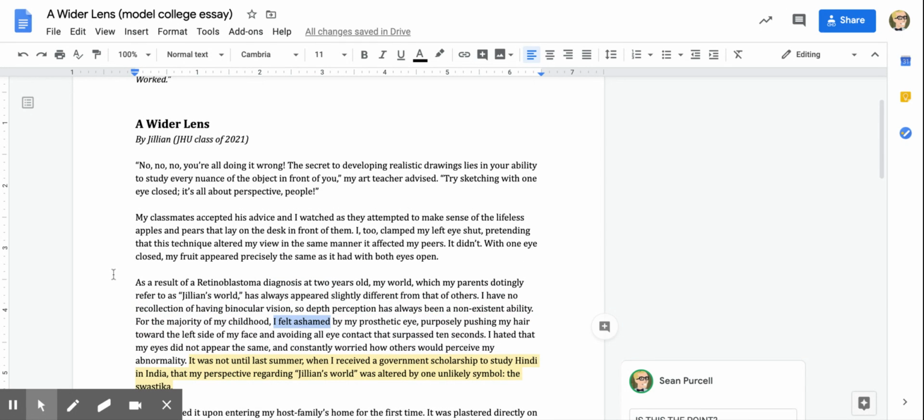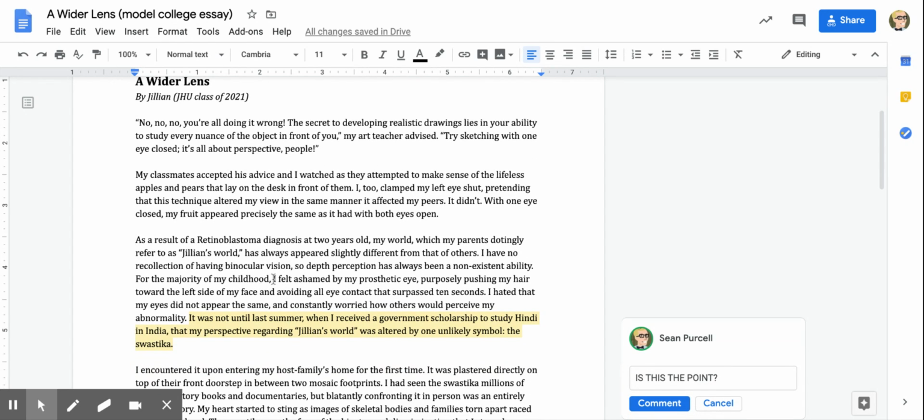She opens this essay with a story about her art teacher's lesson right here, which leads her to the next story, right here, about her retinoblastoma, her disability. And this, of course, prompts her to introduce the conflict. That disability was the cause of the shame and insecurity that she felt.